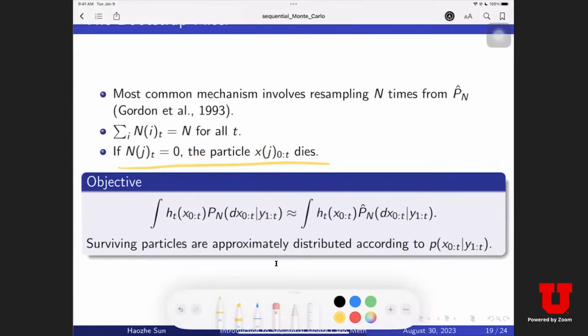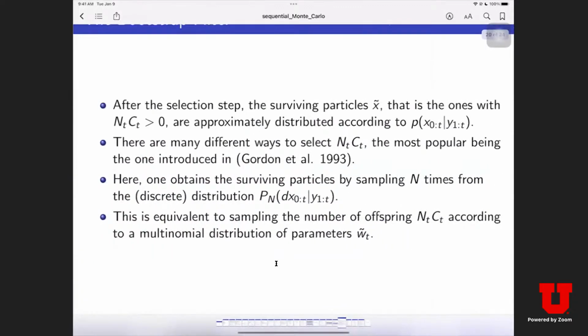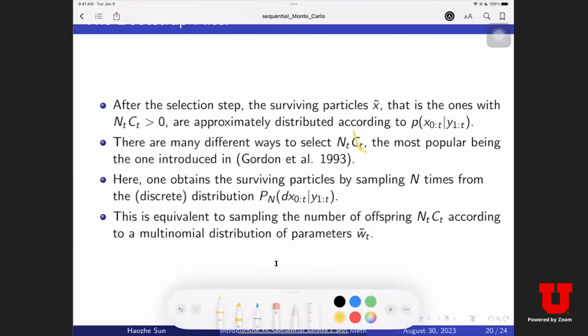And now we want to find a good method to select the Nt. There are many different ways to select the NTI, and the most popular is the one introduced in the Gordon article, and here one obtains the surviving particles by sampling n times from the distribution Pn.